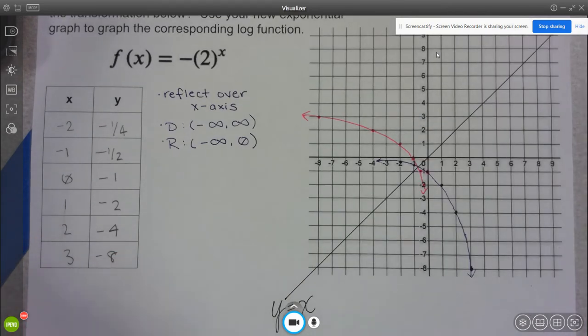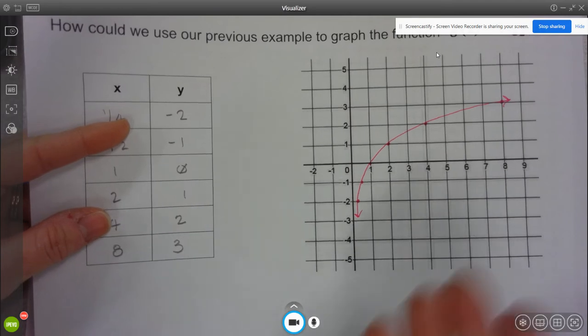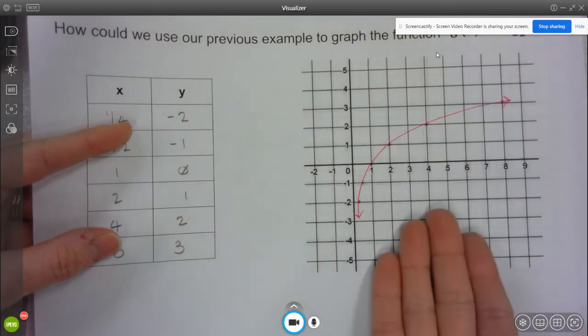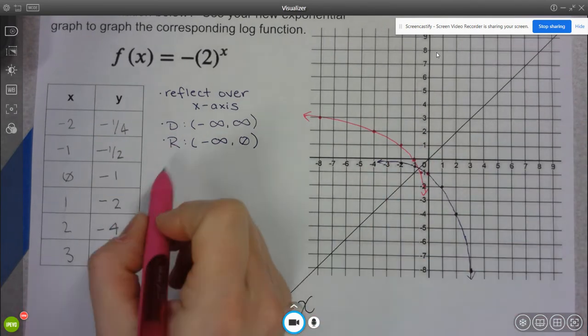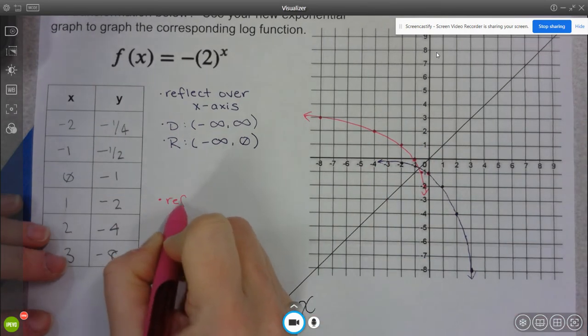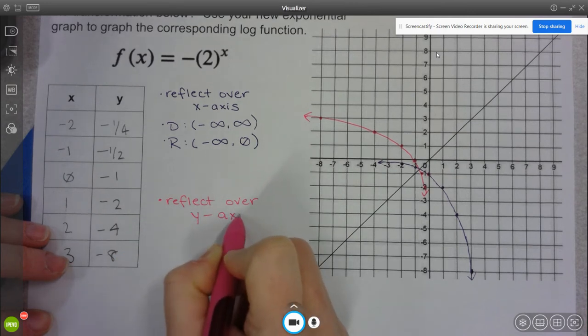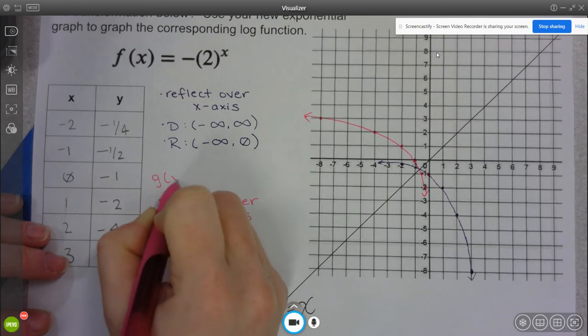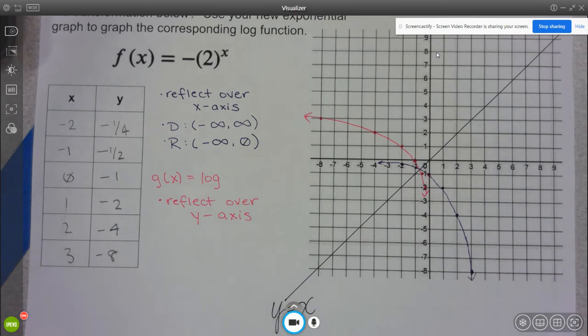Now, I truly don't believe they are going to make you write log functions, but what we're going to do is look at what's actually happening. So before it was over here in quadrants 1 and 4, and now it's in 2 and 3. So the log function actually reflected over the y-axis, and what's happening is I'm starting with the same basic log function.